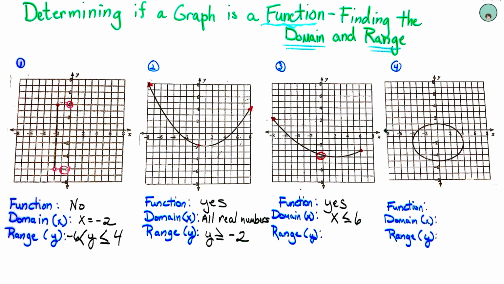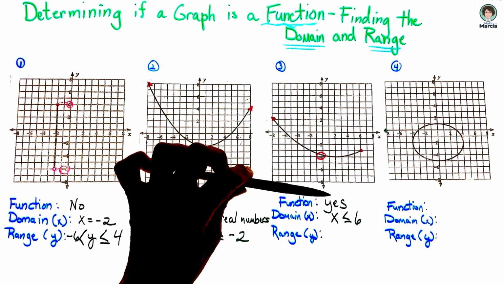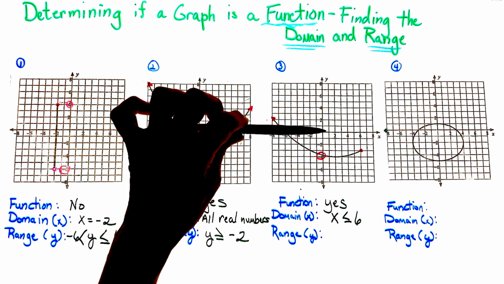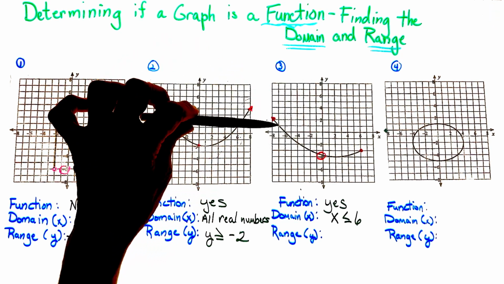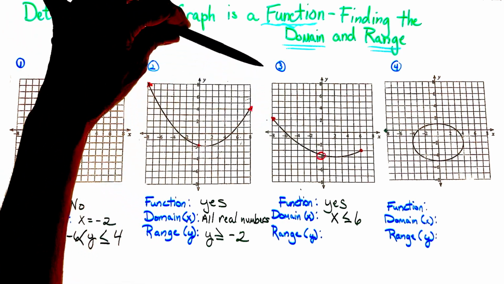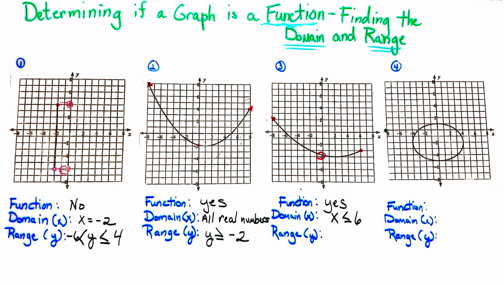So I'm looking at my y-axis, and notice below -4, there's no part of this graph, but above it, there is, and because that has the arrow, it's going to definitely be bigger numbers than the -4. So when we're looking for the range, the y for number 3, we get y is greater than or equal to -4.